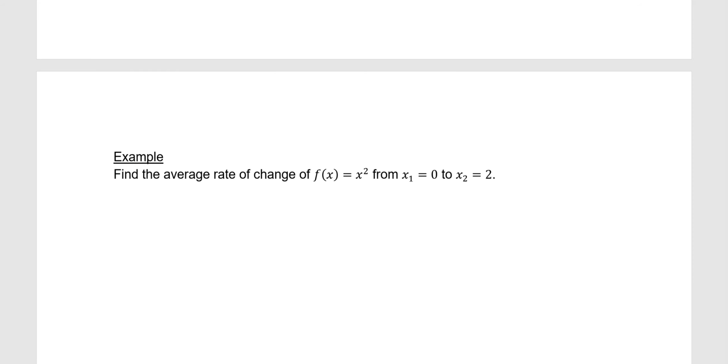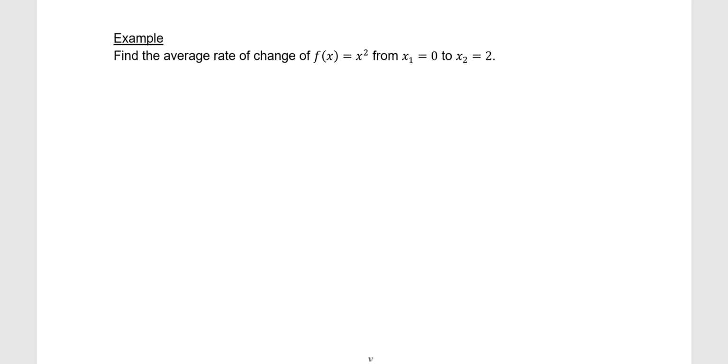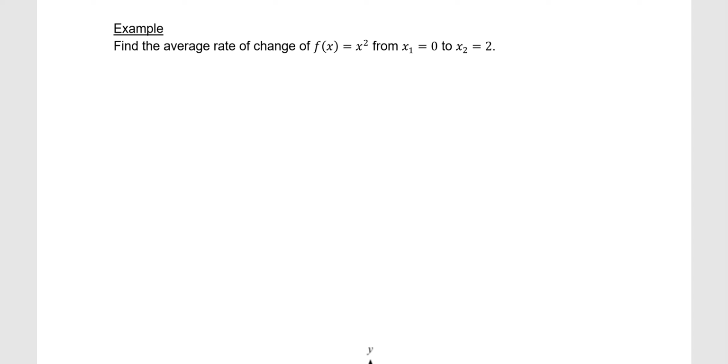Okay, so let's do an example where we're not given the graph. Let's find the average rate of change of f of x equals x squared from x equals 0 to x equals 2. We're going to need the slope formula: m equals (y2 minus y1) over (x2 minus x1). This time we're not explicitly given y1 and y2.